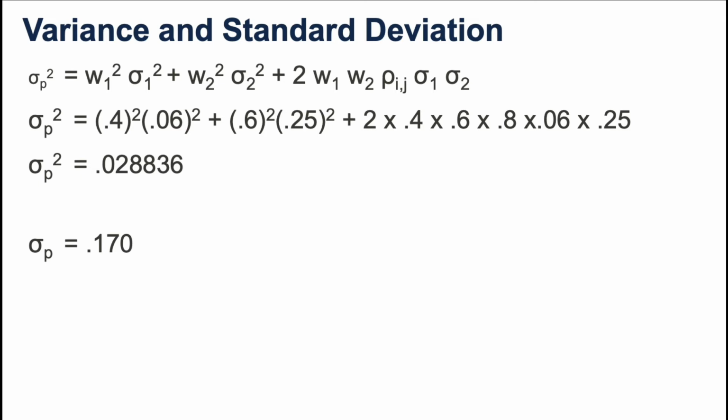We square the standard deviation in the first two terms. And the 2 W1 W2 term, you see it applied there. All right, you come up with a variance of 0.028836. The square root of that is 0.17. All right, just an example of applying the formulas.